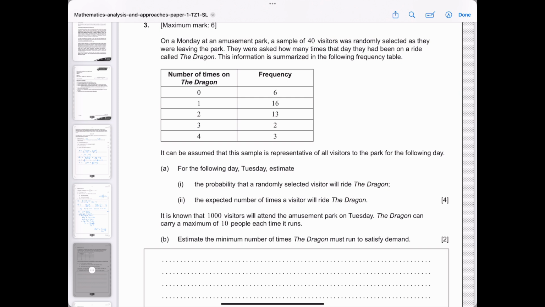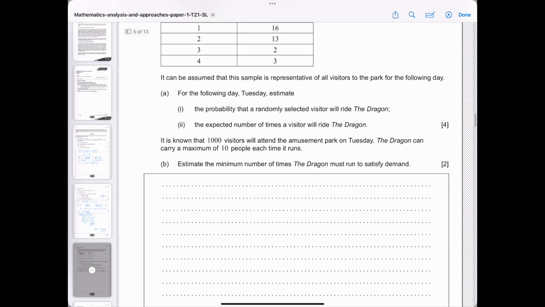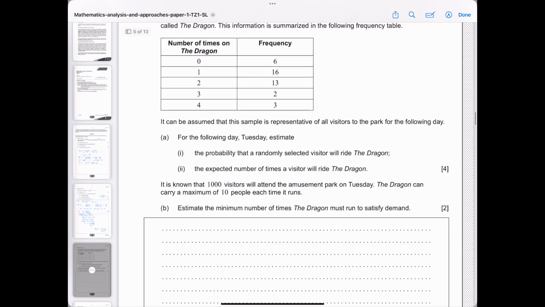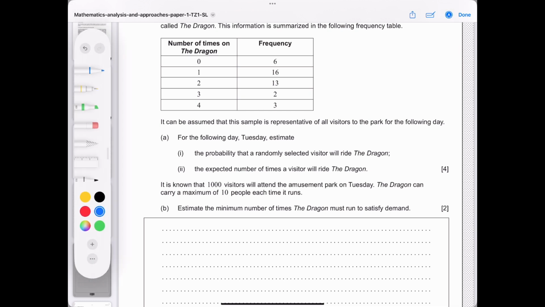So for the following day, Tuesday, estimate the probability the randomly selected visitor will ride the Dragon. The numbers are 16, 29, 31, 34. So I think A would be 34 out of 40.